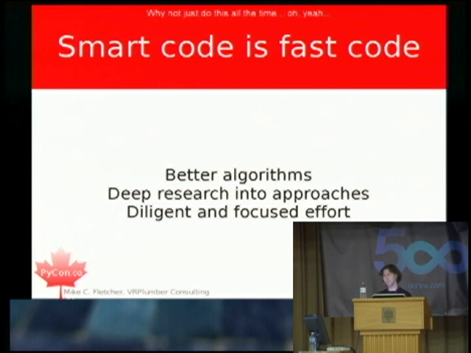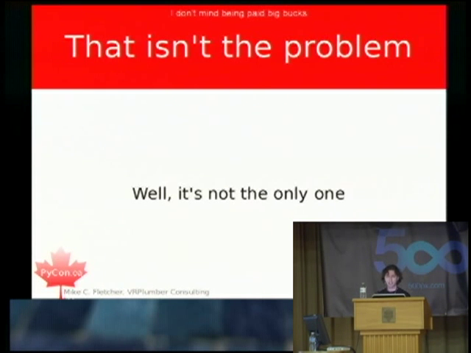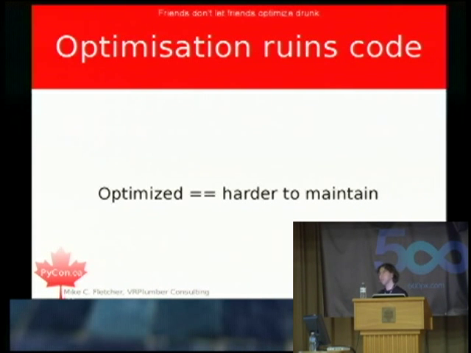Everything is perfectly gem-like. But of course, it's also not going to be something that your customers want to pay for. And that isn't really the problem with it. If you had the money, you could maybe do that. But the problem that makes it worthwhile to optimize in an intelligent manner is that optimization itself ruins the code that you're trying to maintain and extend.